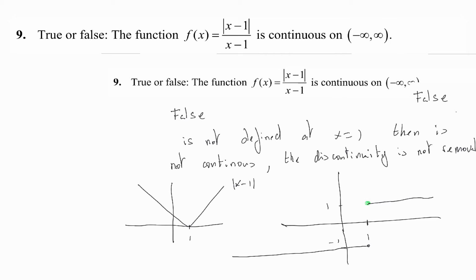True or false? The function f equals the absolute value of x minus 1 divided by x minus 1 is continuous on the interval minus infinity to infinity.